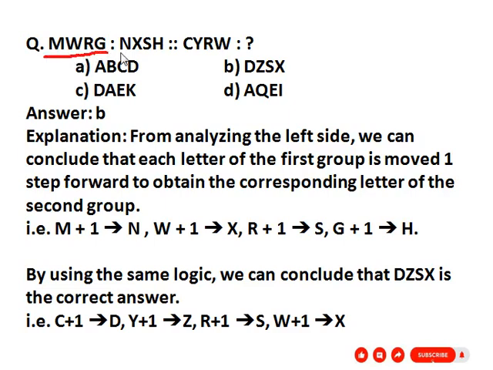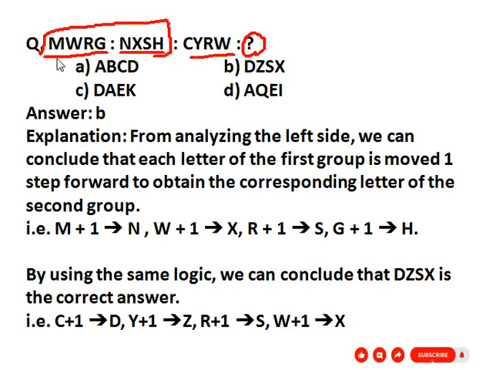Our next question is: MWRG : NXSH :: CYRW : ? Here the first group given is MWRG and NXSH.